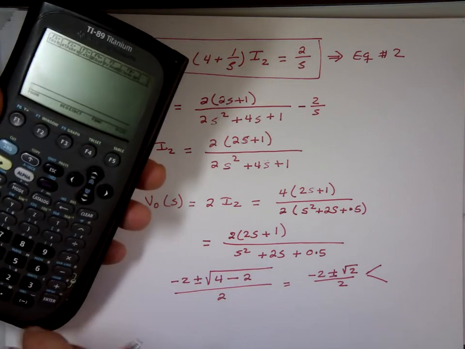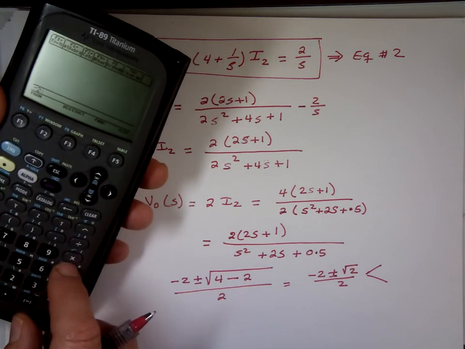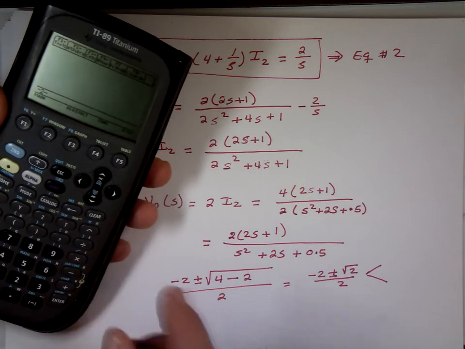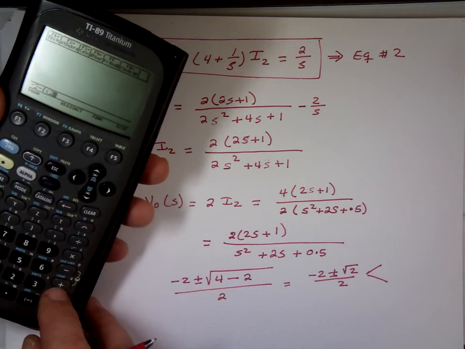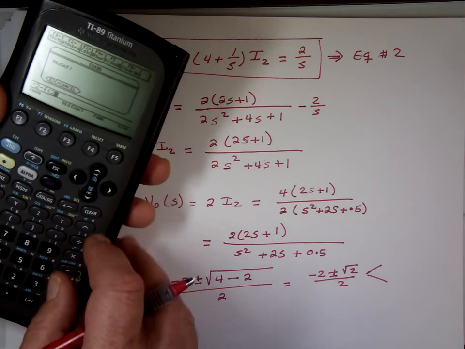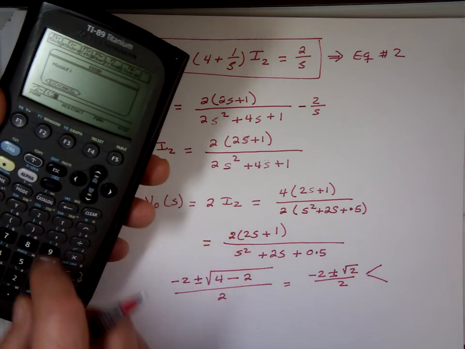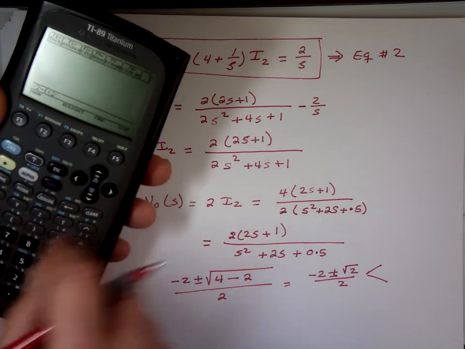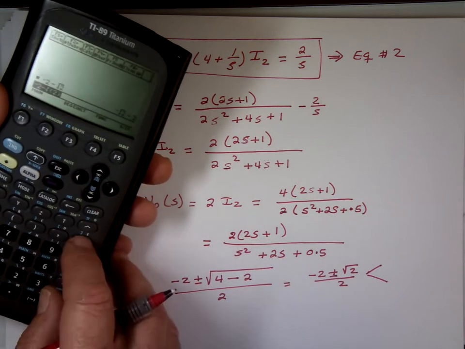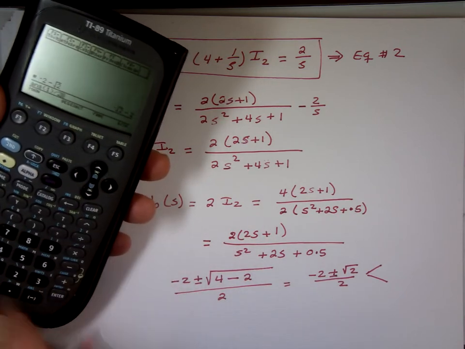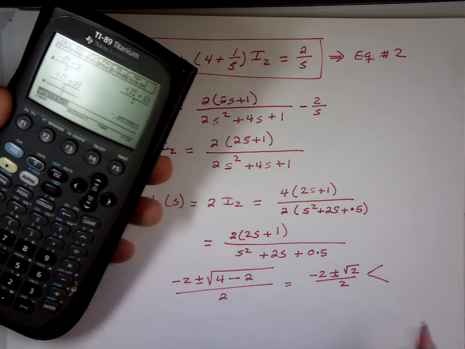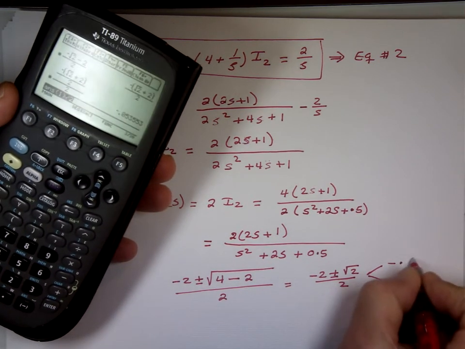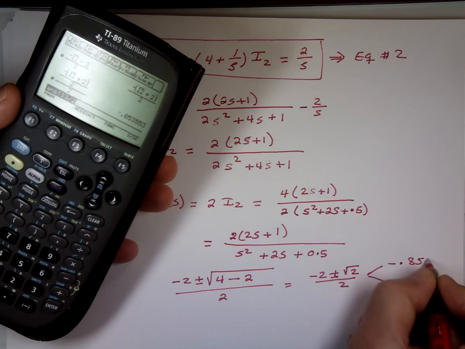So it's minus 2 minus the square root of 2, divided by 2. To get a decimal value, I get negative 0.8534.